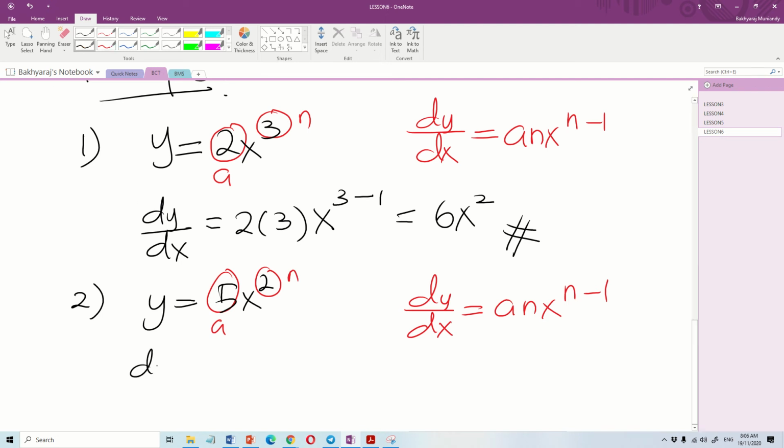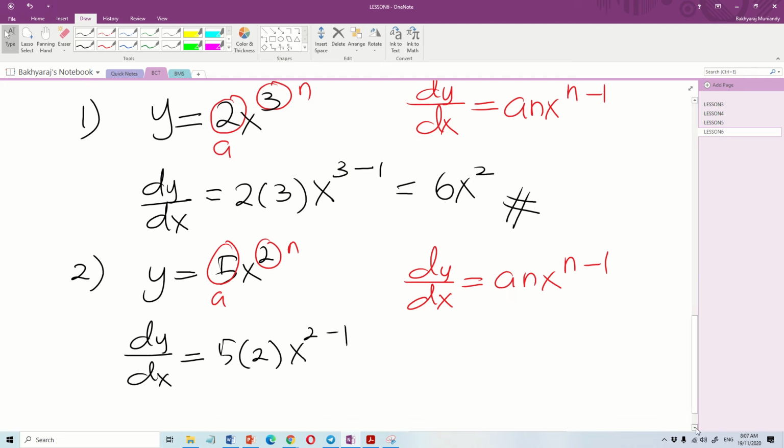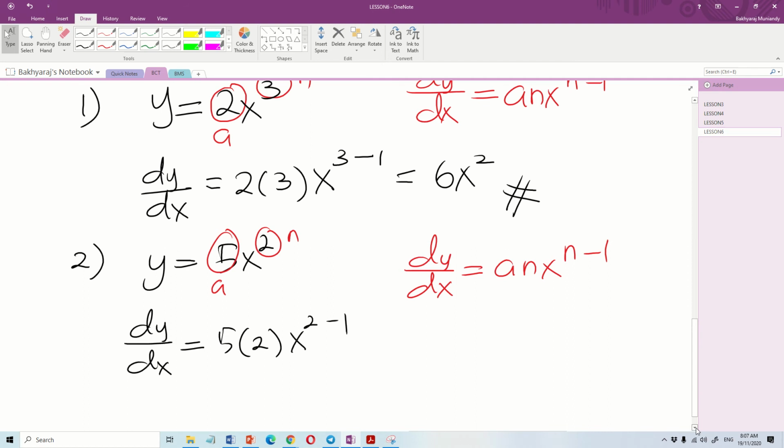So dy/dx will be equal to what? 5 times 2, correct? x^(2-1). So jadinya sama dengan 10x^1. Yang ini pun boleh saya terima.